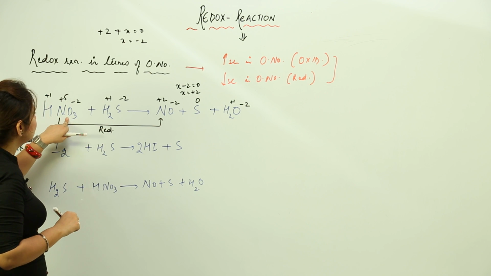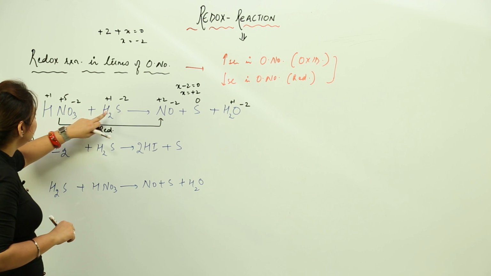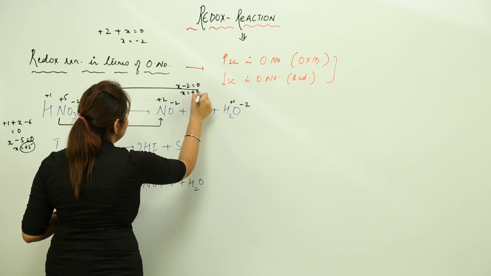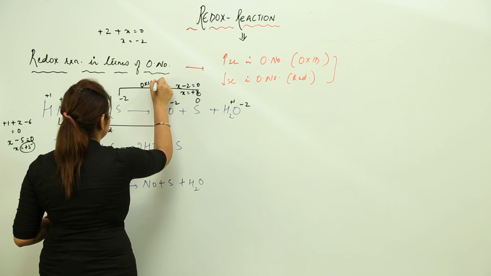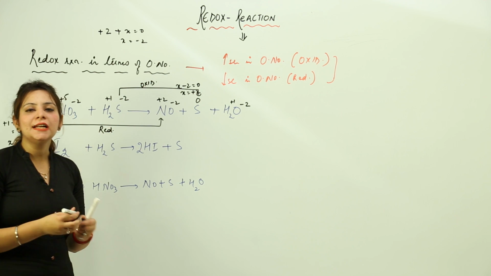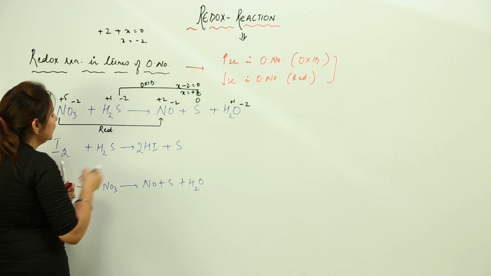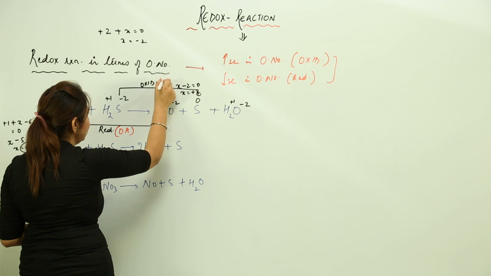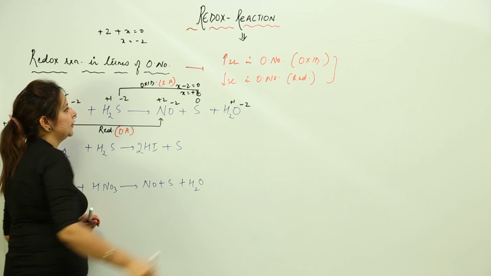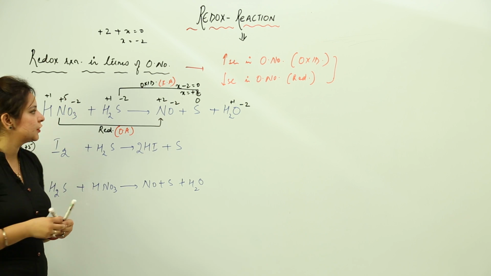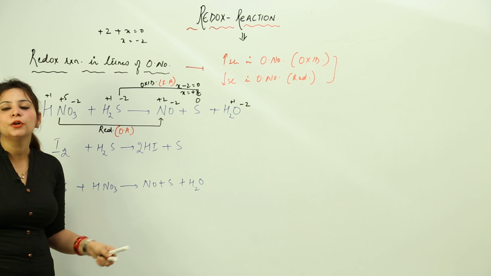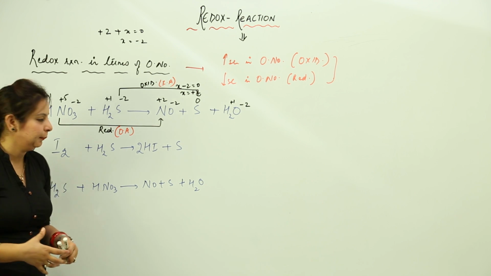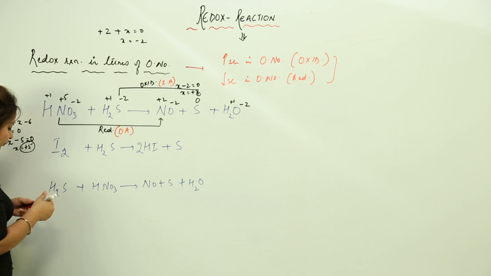For O, minus 2 again, the same. For S, minus 2 to 0, it is increasing, so this is oxidation. Likewise, you can also indicate the reductant and the oxidant. You know that the substance undergoing reduction is an oxidant or oxidizing agent, and the substance undergoing oxidation is a reductant or reducing agent. This is how you find it on the basis of oxidation number.